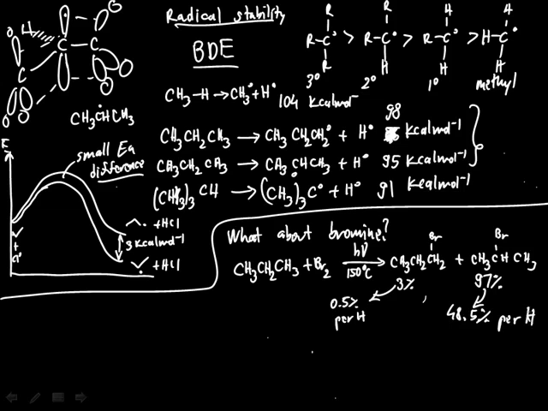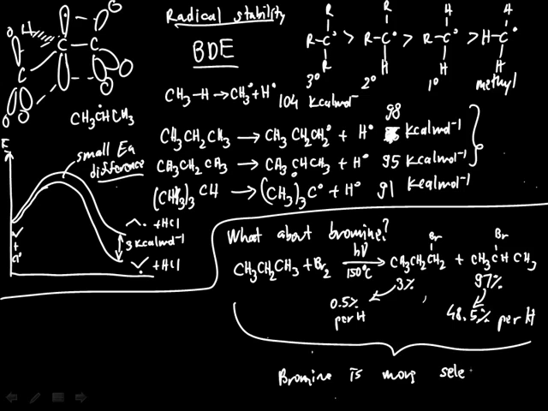Okay? And this whole thing means that bromine is more selective than chlorine. Okay? And now, well, this might seem a little contradictory, because chlorine is more reactive, yet bromine is more selective.